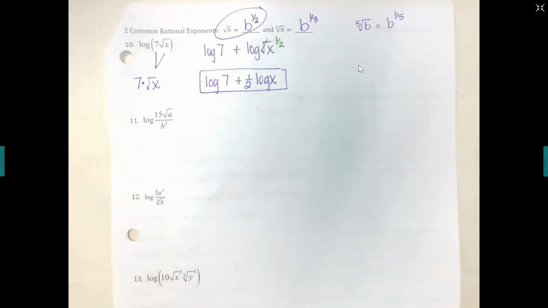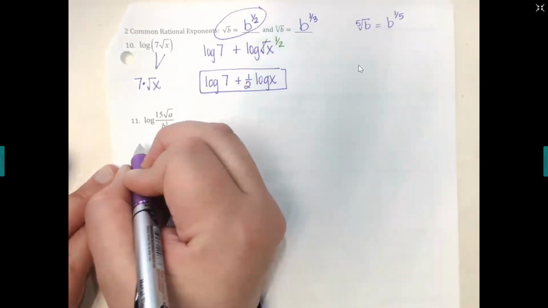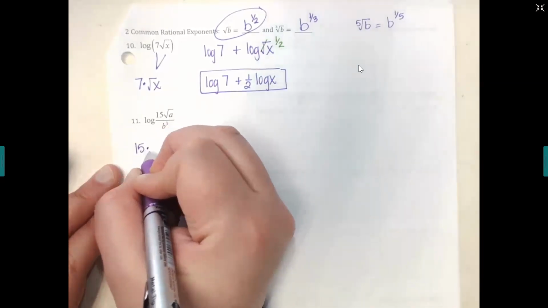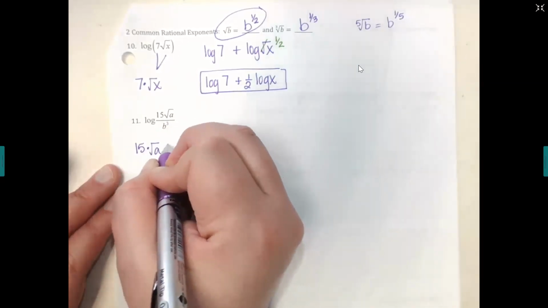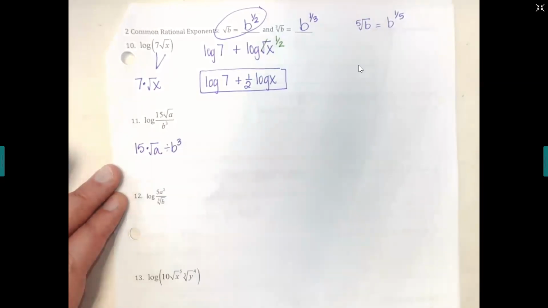Kind of weird, but follows all the same properties that we did on the other page. Take a look at number 11. I have log of 15 root A over B cubed. Well, then that's going to be 15 multiplied by root A and then divided by B cubed.